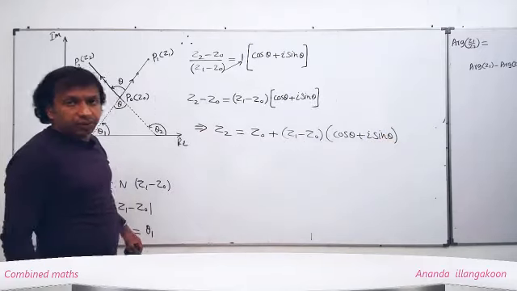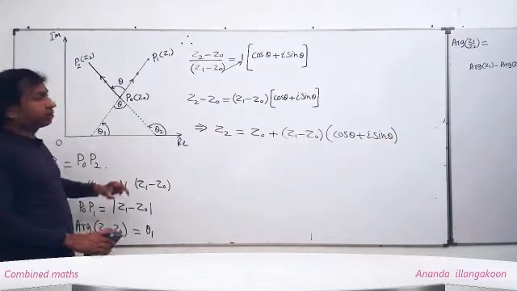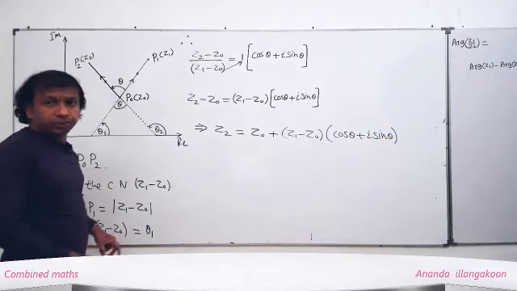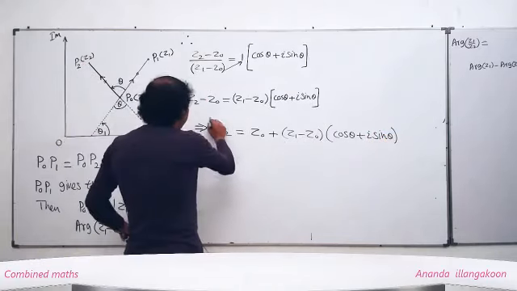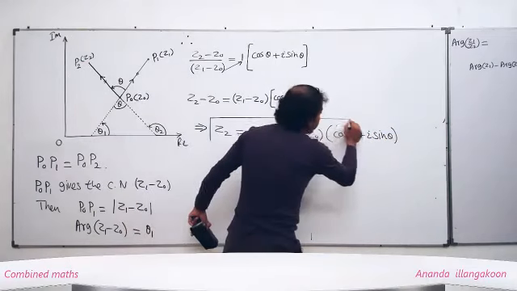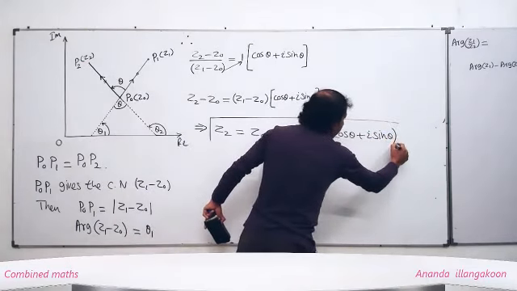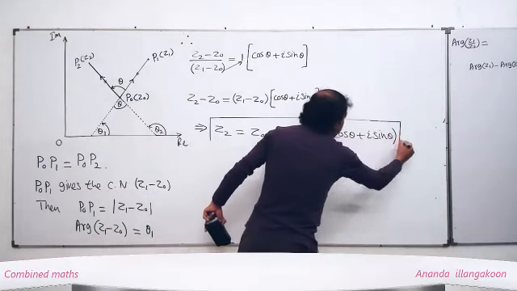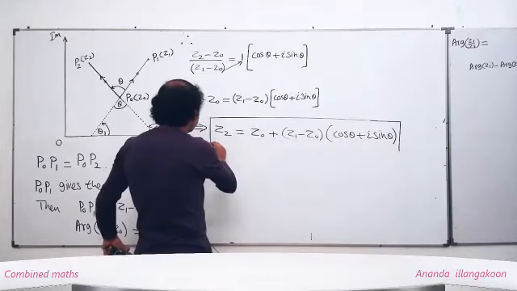This is the complex number represented by the point P2. This proof, in past papers you can see there are, I think, 1 or 2 papers asking to prove this result.